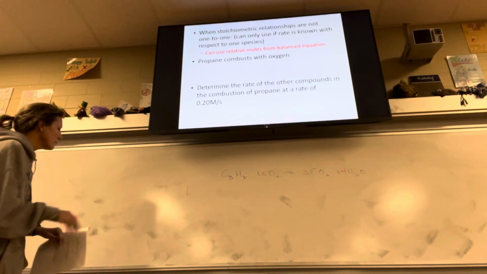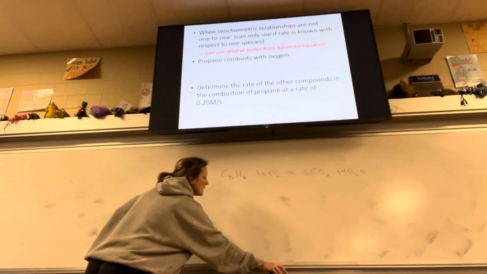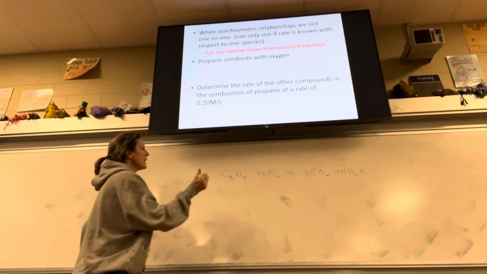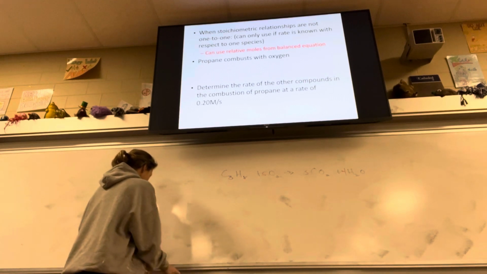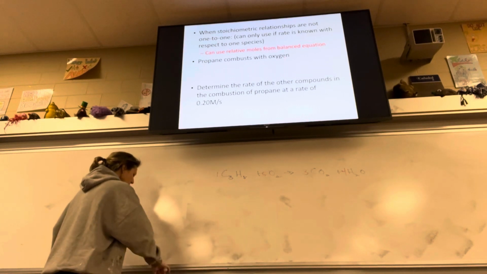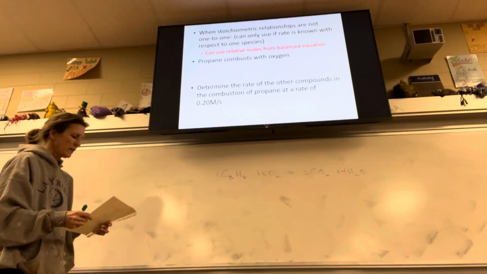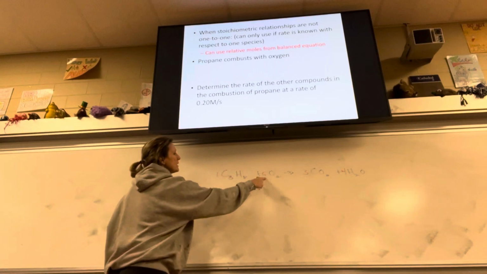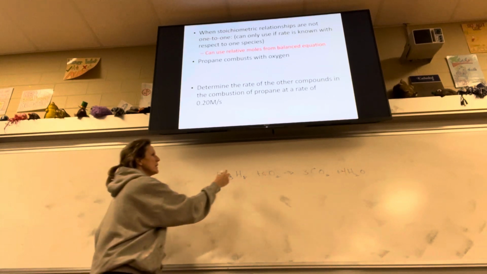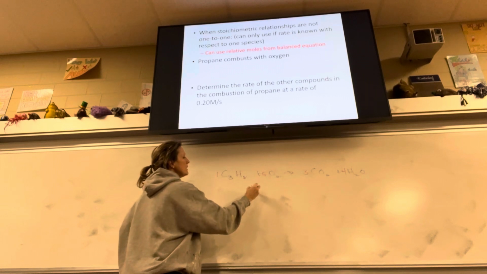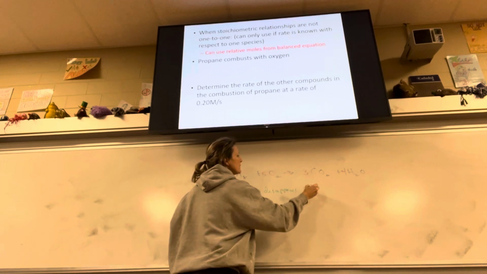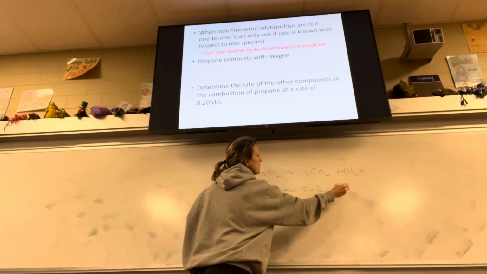But from just this basic balanced equation, we can look at the fact that the oxygen is going to disappear at a rate 5 times faster than the propane. So the O2 disappears 5 times faster than the propane.